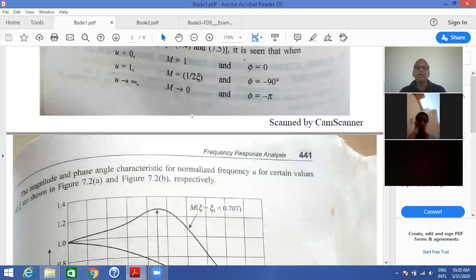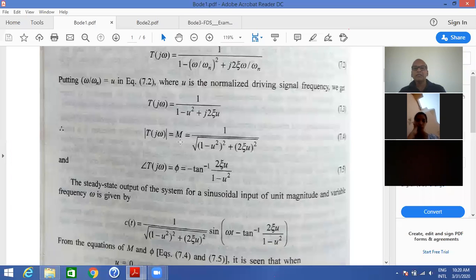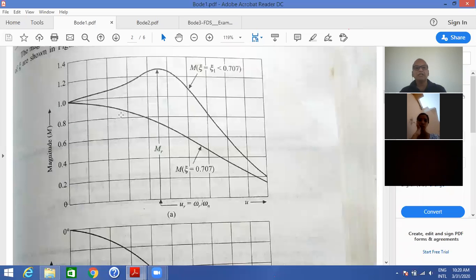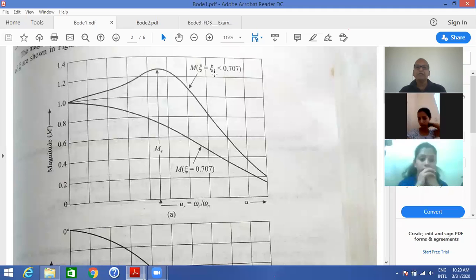If you observe, the magnitude is inversely proportional to the value of ζ. As ζ decreases, the magnitude increases. The same thing is happening in the response of the magnitude against the normalized driving signal frequency. As the value of ζ decreases, the magnitude increases.